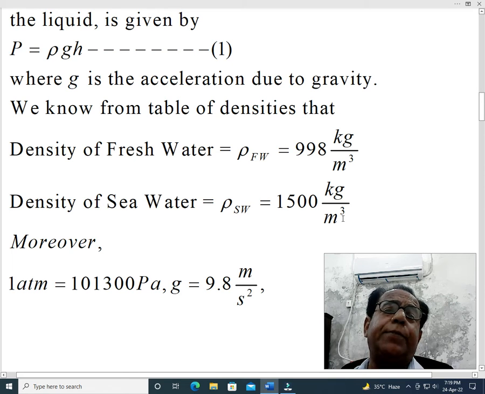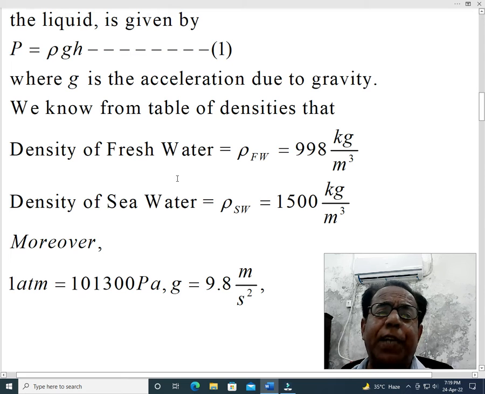Dear students, density of fresh water, we have chosen this density among the four densities provided in the table. Anyhow, we do not go into further detail.